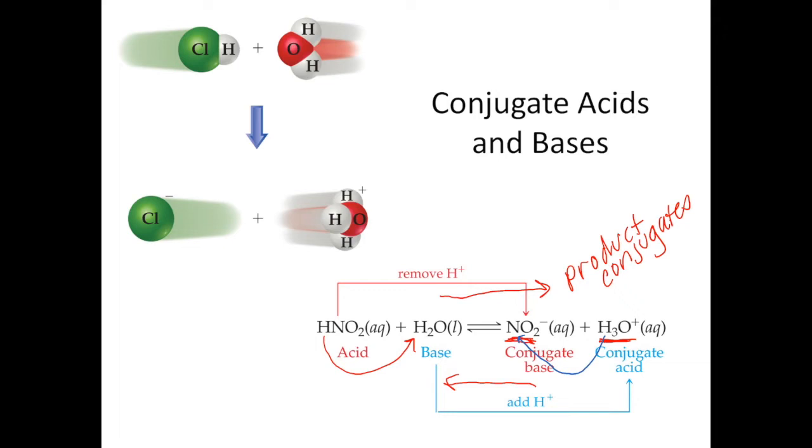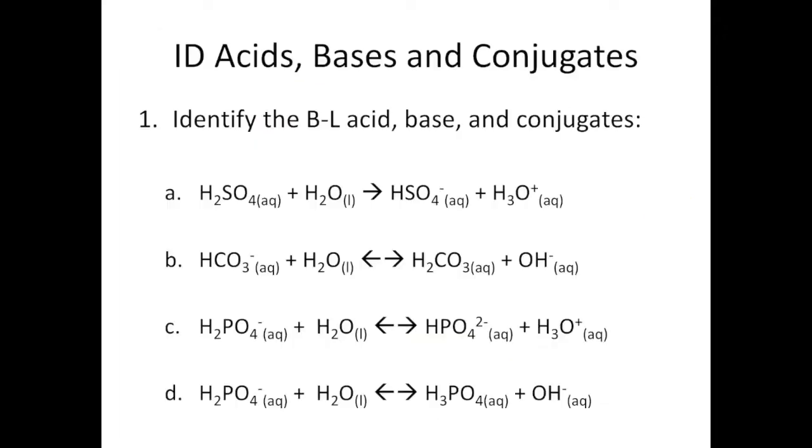So that's why now what was my base is my acid, and what was my acid is my base. Okay? So what we want to do is be able to label acids, bases, conjugate acids, and conjugate bases when we have these equations in front of us. I'm going to do A, and then you can do B, C, and D.